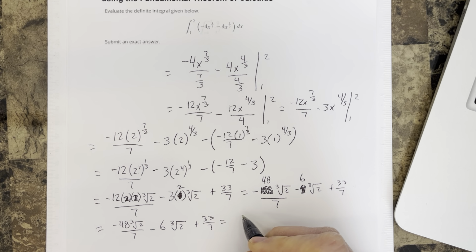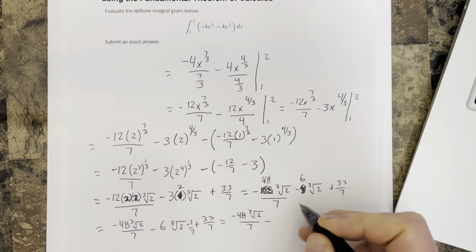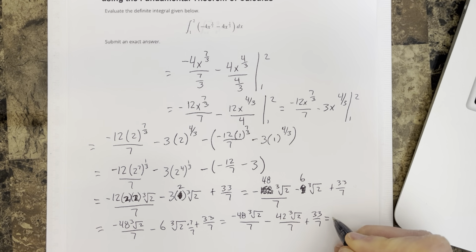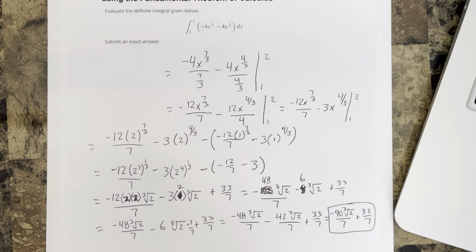So this is going to be negative 48 cube root of 2 over 7 minus, if I take this times 7 over 7, I end up with 42 cube root of 2 over 7 plus 33 over 7. If I combine these together, I get negative 90 cube root of 2 over 7 plus 33 over 7. And that's the area for the given integral.